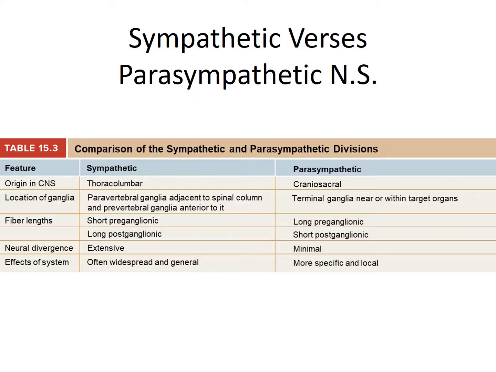In the parasympathetic nervous system, there's only minimal divergence. The sympathetic neuronal effects are often widespread in general. In the parasympathetic division, the effects are more specific and local.